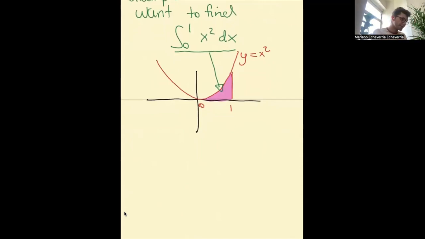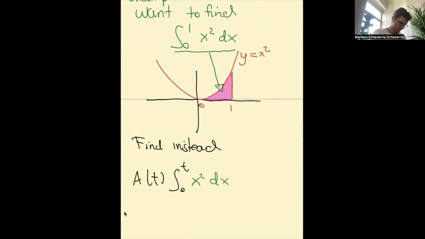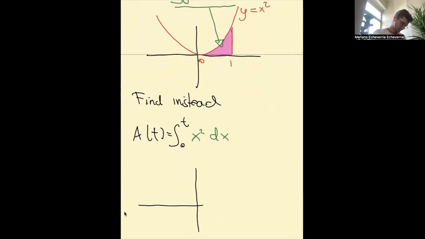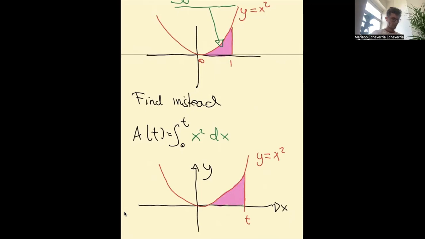It's kind of weird, but instead of doing the integral from 0 to 1, I'm going to do the integral from 0 to t, and we're going to get this. Now this corresponds to this.